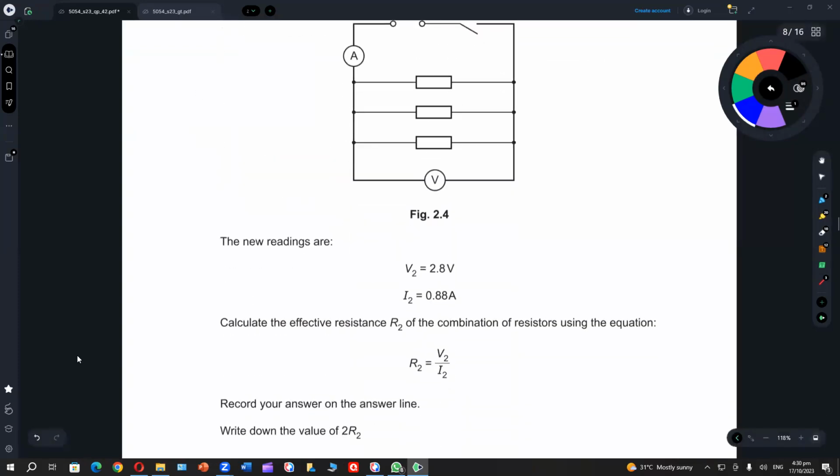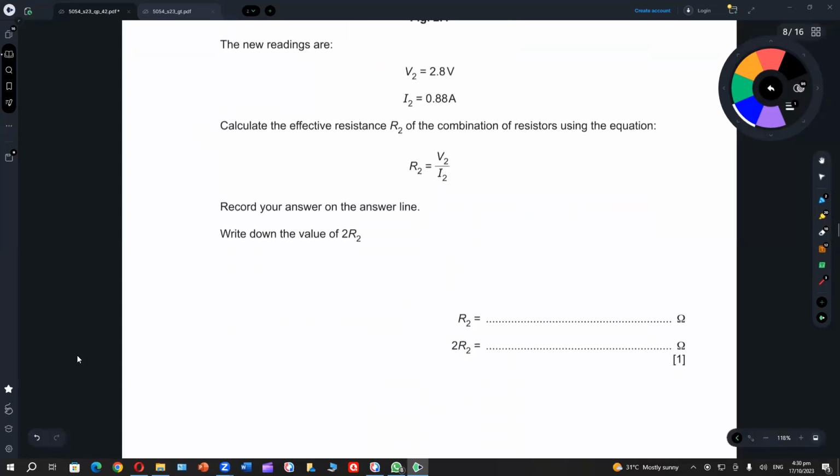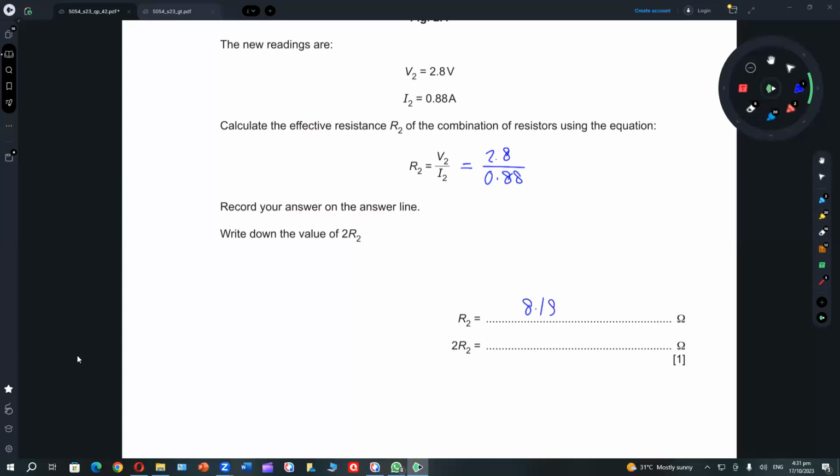Now the resistors are in parallel. Solve this. 3.18.